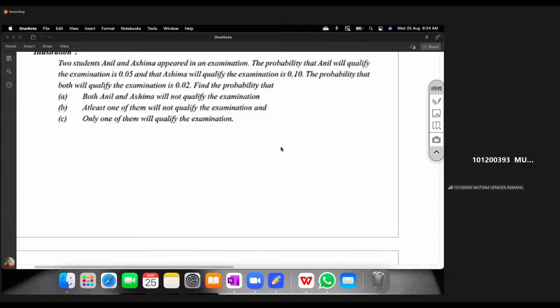Yes. What is De Morgan's law? Set theory you studied, no?